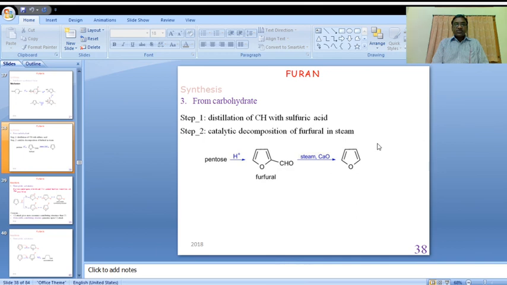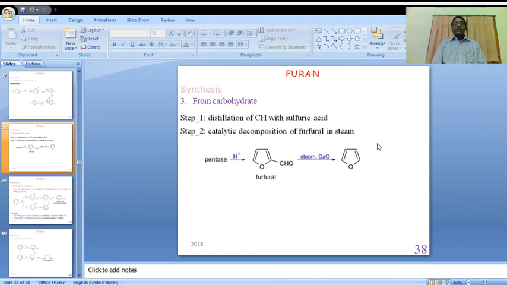It is a substituted furan. On the second position of the furan there is an aldehyde functional group, and it is named furfural.